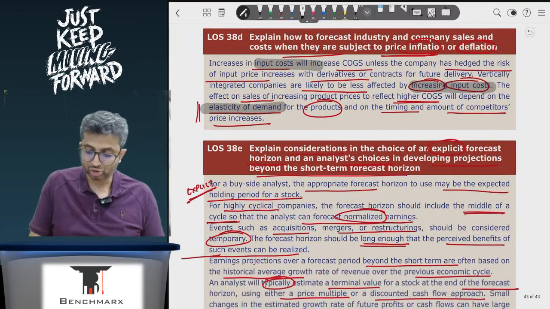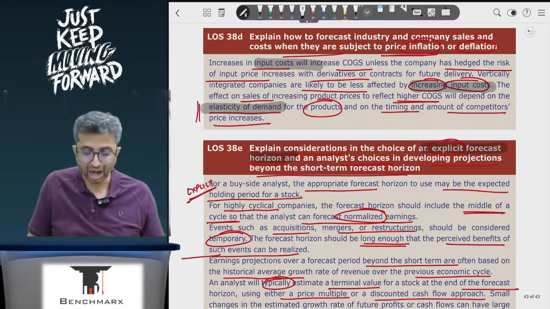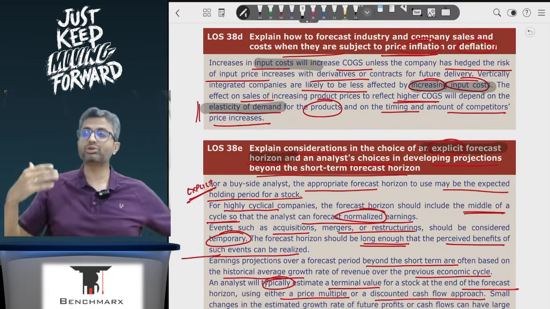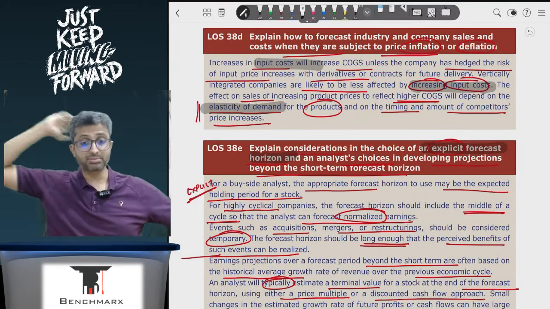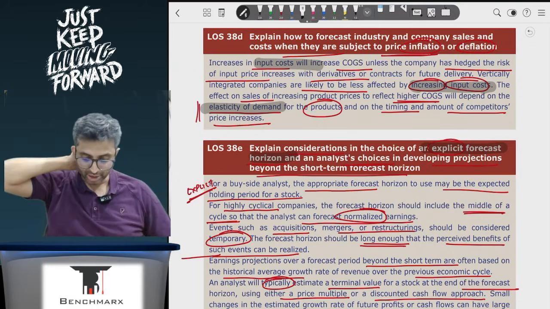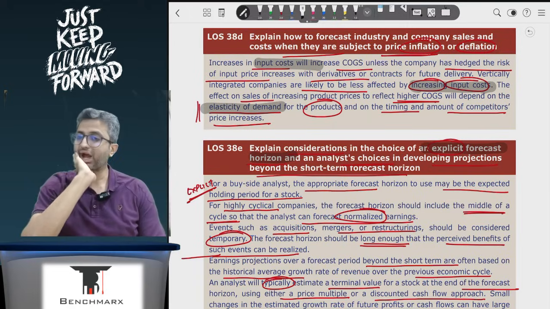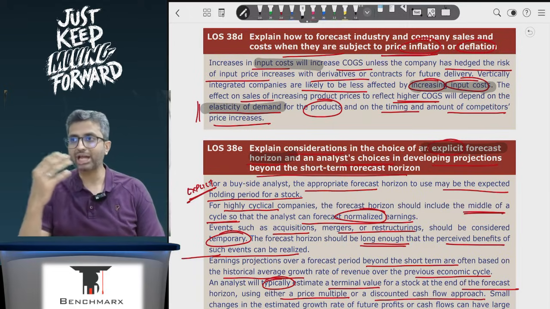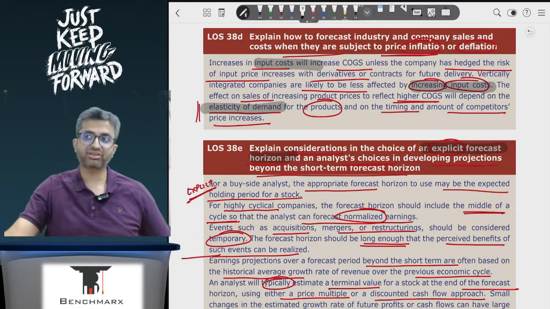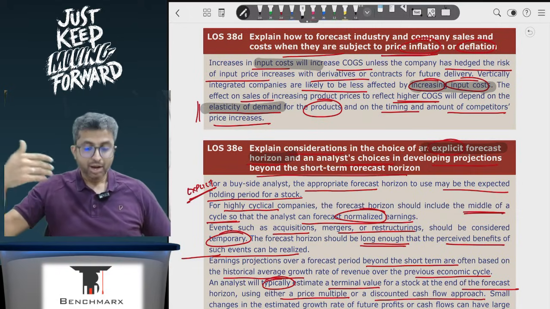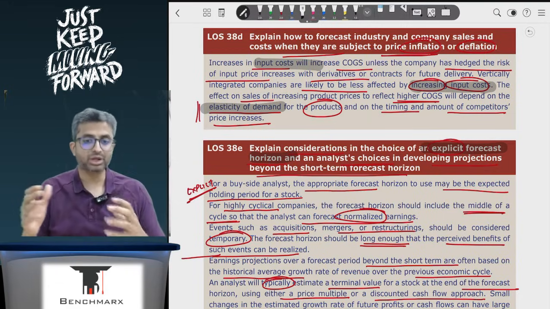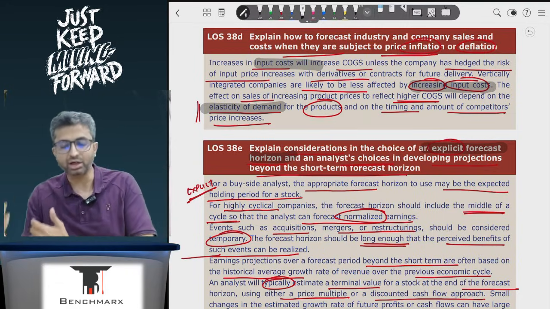Considerations for choosing explicit forecast horizon. Well, the forecast horizon should be maybe 3 years, 5 years, depending on what you can reasonably forecast. So if I am an analyst who is looking at investing in the company for, let's say, a 5-year period, then I will make an effort to forecast over the 5-year period, and after that I'll find the terminal value.